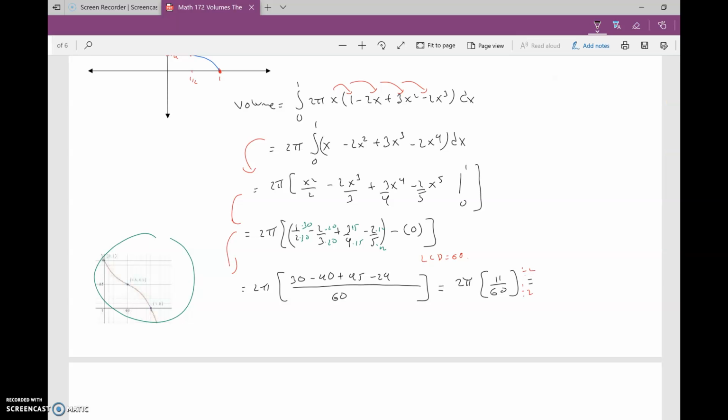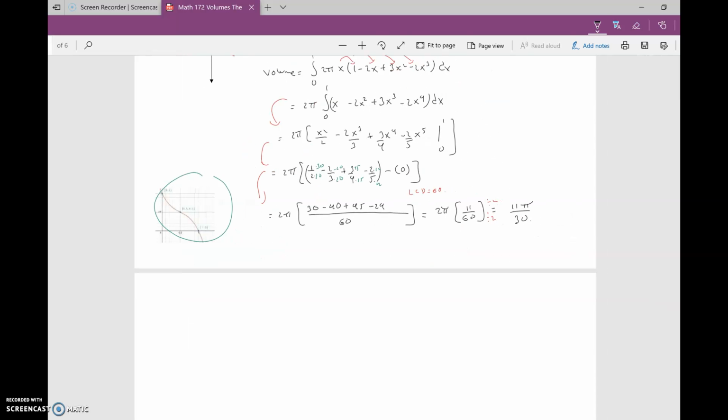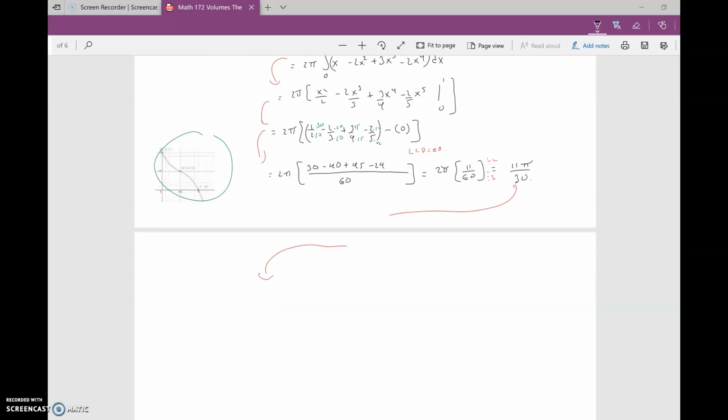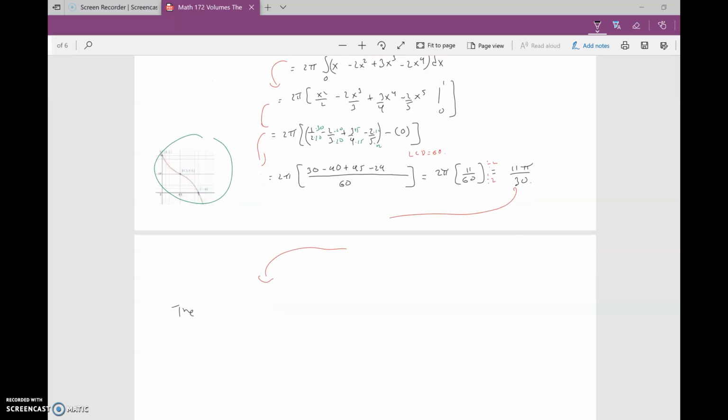And I'm getting, well, 11 pi over 30. Okay, so for this one, the volume is equivalent to 11 pi over 30 units to the third power.